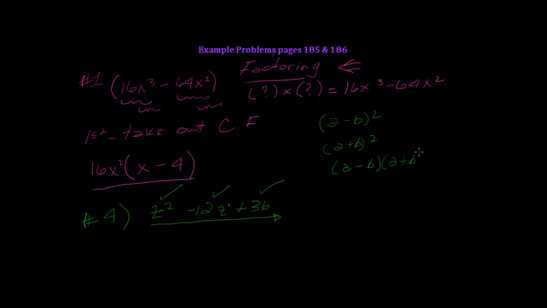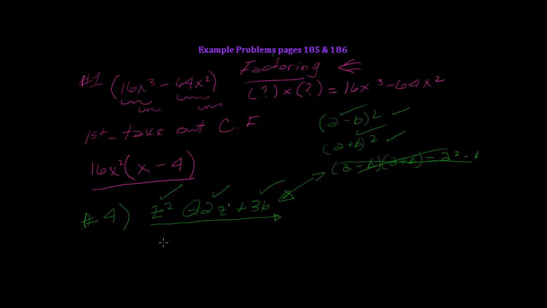So how do you know which one? Well, this always ends up with a difference of 2 squares. And these two, this is not. This is not a difference of 2 squares. So this does not work here on this one. So this has a negative term in it. The only way we can get a negative term is we have a hybrid of these two.